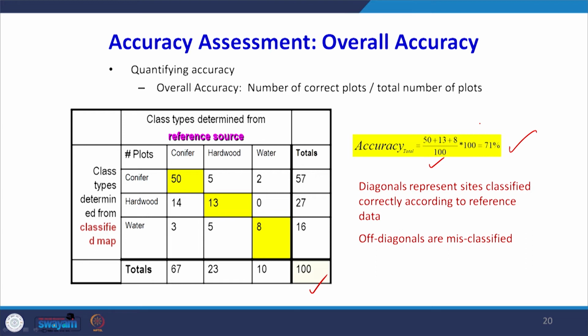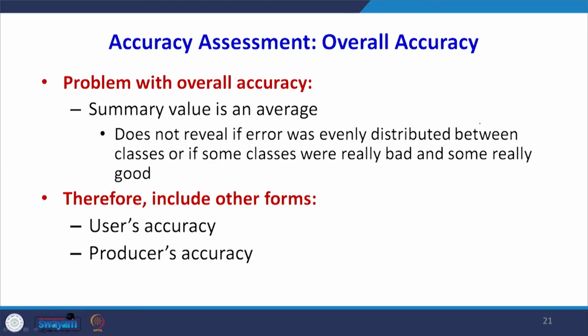Off diagonals are those pixels which are misclassified. So, they are less in number, and diagonal elements are greater in number in any confusion matrix or error matrix. So, with the help of this, we are calculating the overall accuracy, and with the help of the off diagonal elements, we are calculating the other part of the accuracy. But there is a problem with the overall accuracy.